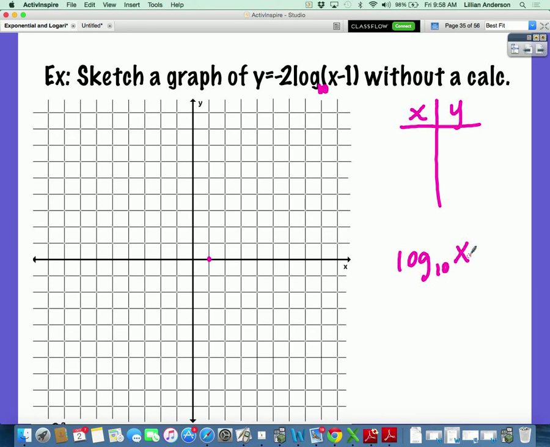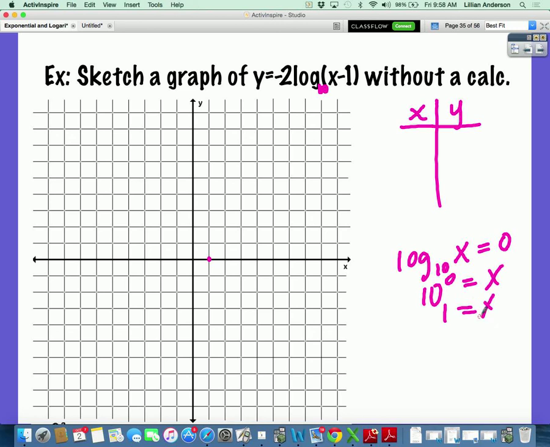What's another point I could have to give me a really good set? Other way around. 10, 1. Think about it, okay? 10 to the 0 equals what? It will equal 1.